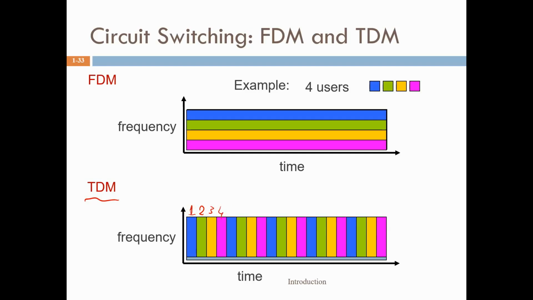During this slot, the end users may send data to each other, meaning that if someone has a packet to send, it can only be sent during that reserved slot. Okay? If a packet is generated outside of that slot, it has to wait its turn. So the first time slot goes to session 1, the second time slot goes to 2, the third time slot goes to 3, the fourth time slot goes to 4, and then it repeats. 1 gets to transmit again, then 2, then 3, then 4, and then 1, 2, 3, 4, and so on.